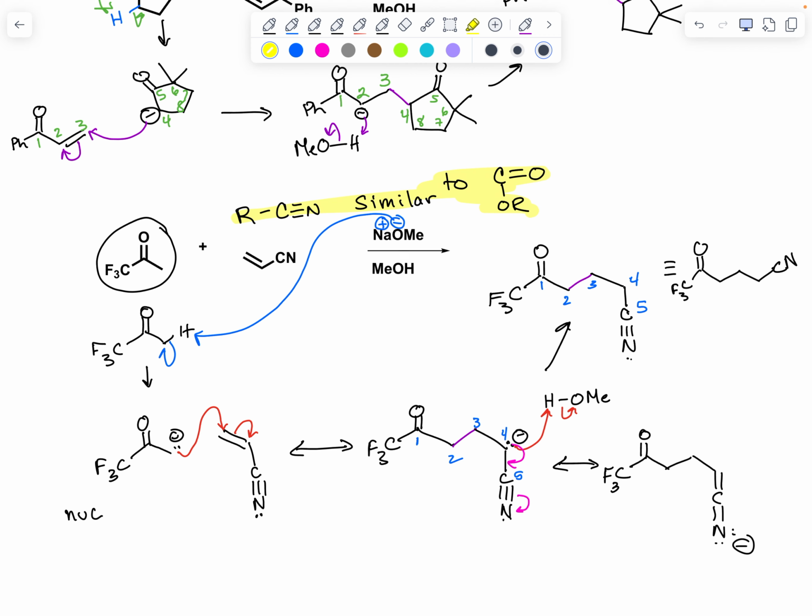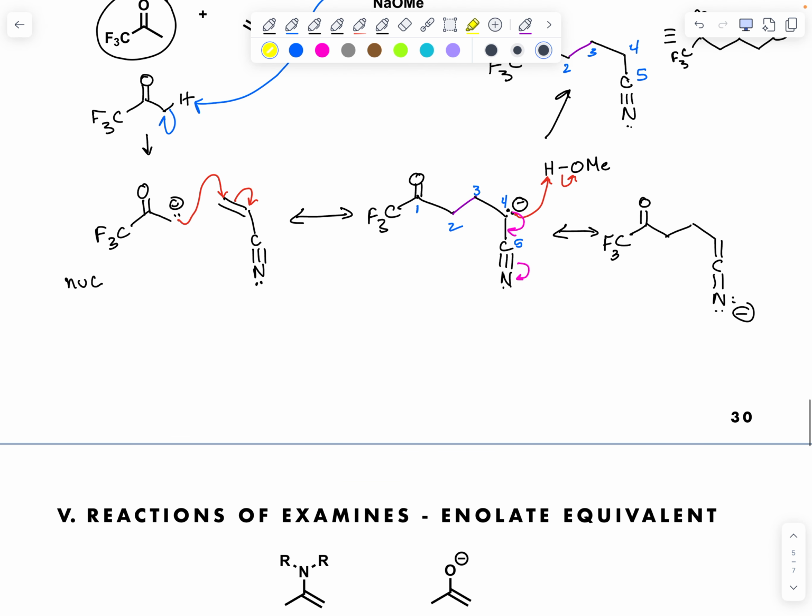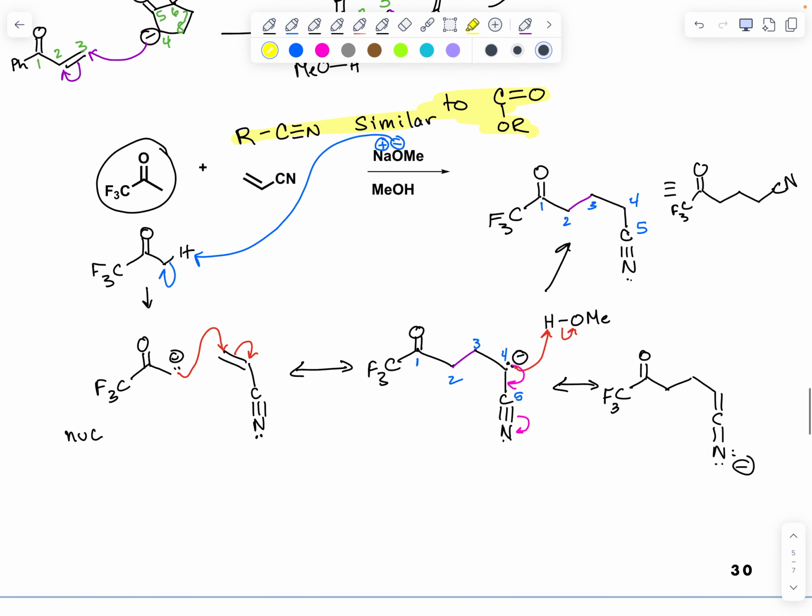But we want to get back a carbonyl, and so to do that, we're going to react water. So what water will do with an acid catalyst is take the double bond to nitrogen and replace it with a double bond to oxygen.